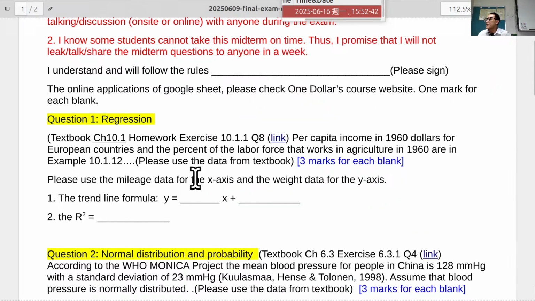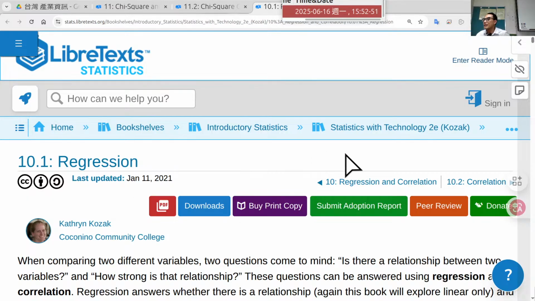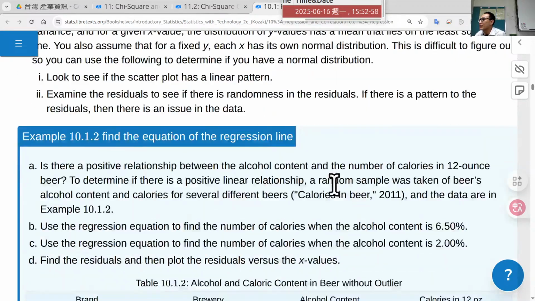And the first sentence is per capita income in 1960. Thus, go to question number 6. I found that someone misunderstood something.